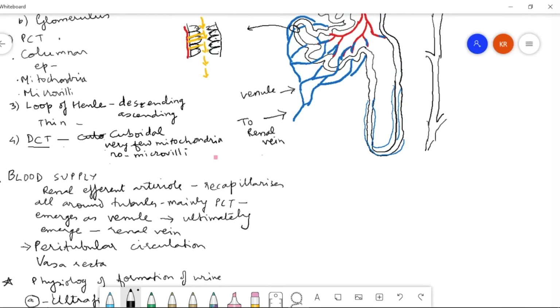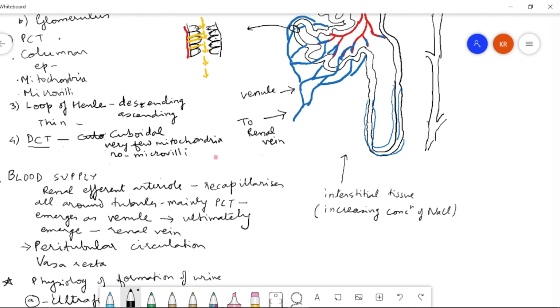Now in this region over here, this region is the interstitial tissue with a lot of cells, etc. Now in this interstitial tissue there is an increasing concentration of NaCl.